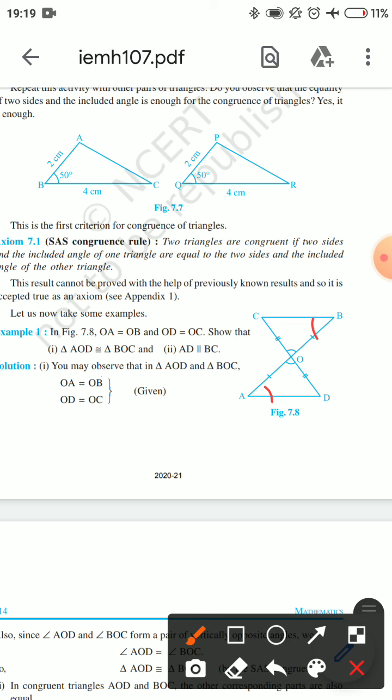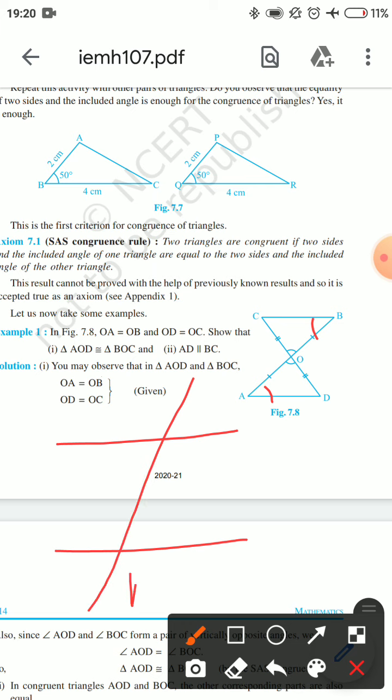So clearly you can see, as you have studied in the previous chapter, that if two lines are intersected by a transversal, right? You can see these are the two lines CB and AD. If this is intersected by a transversal, that is, this is point A, this is point B. Suppose here it is C and here we have point D. So if two lines are intersected by a transversal, then the alternate interior angles, this angle and this angle, if these two angles are equal, then the two lines will become parallel, right? This we have studied in the previous chapter.